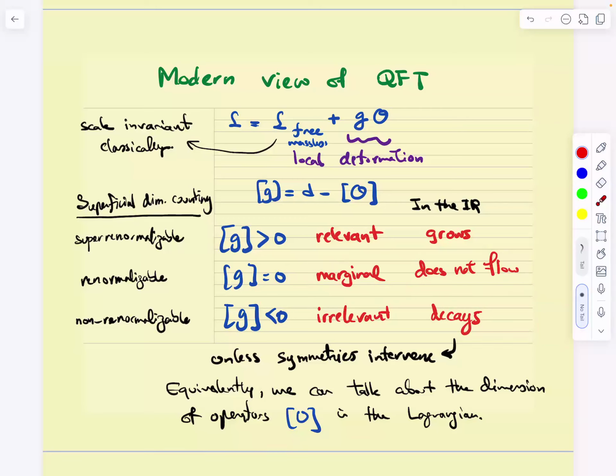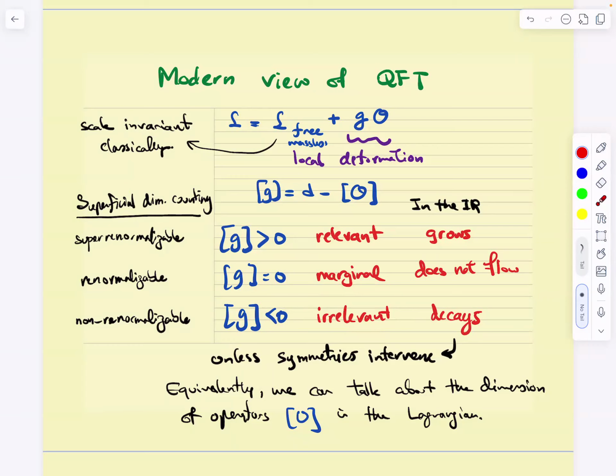It does not flow under scaling; it's invariant under scaling. When G has positive scaling dimensions, we call this a relevant deformation. Under scaling, this term grows. When G has a negative scaling dimension, we call that irrelevant, and under scaling, it decays.